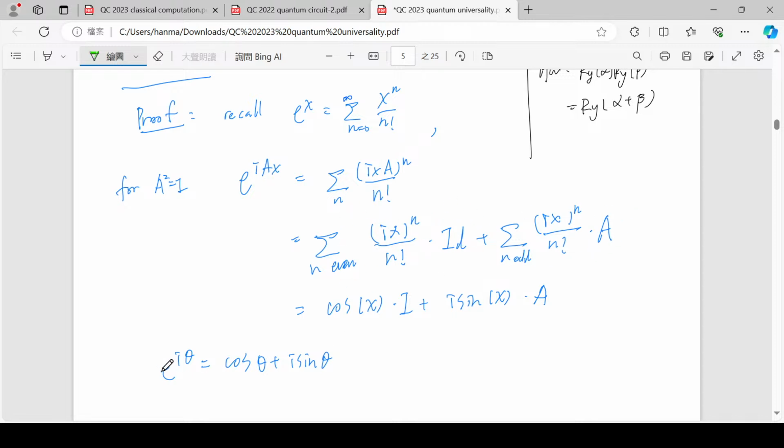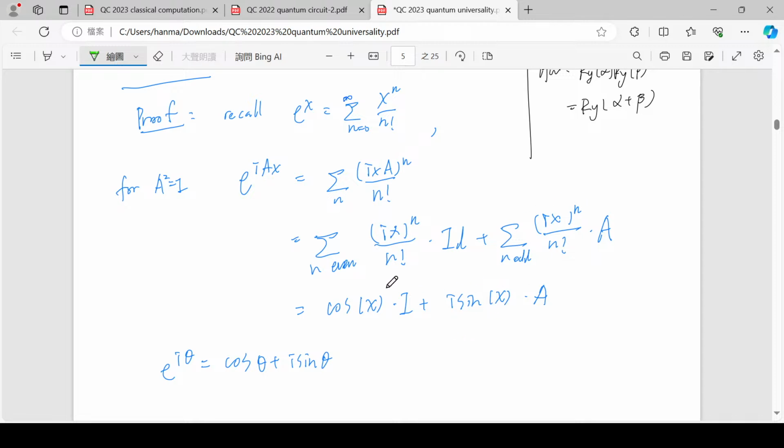And the number part is similar to how we analyze e to the i theta equals cosine theta plus i sin theta. So you think about this and you see that's the Taylor expansion of cosine x, and this is the Taylor expansion of i sin x.